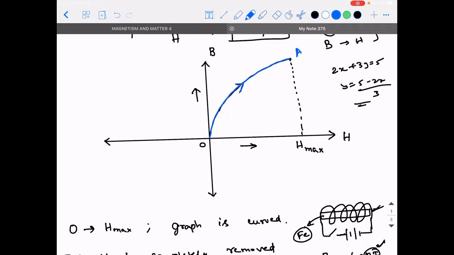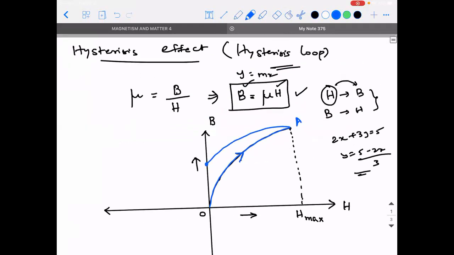Is it going to decrease from A to O? Is that what is going to happen? The answer is no. Rather, the material will lose its magnetism in this direction. Okay. And if I call this point as, let me see.